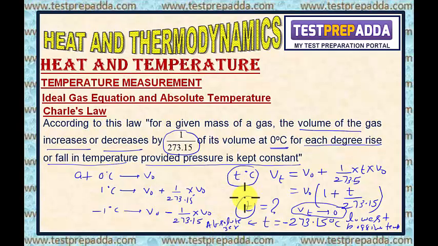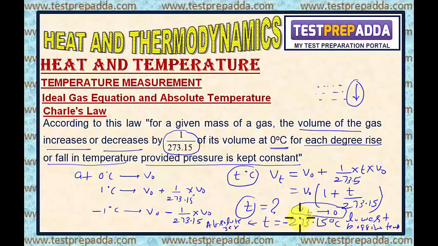Dear students, many of you may say that when we decrease the temperature of the gas, after one stage, the gas will be converted into liquid or solid. So this law will not be applicable. Then how can we say minus 273.15 degrees Celsius is the lowest possible temperature?